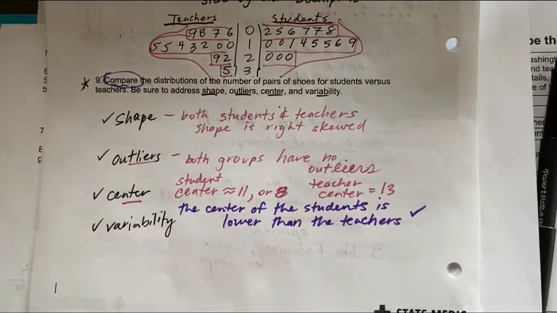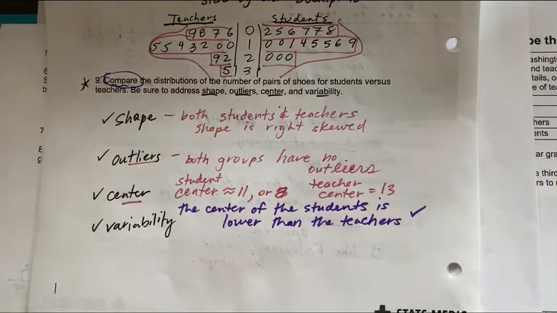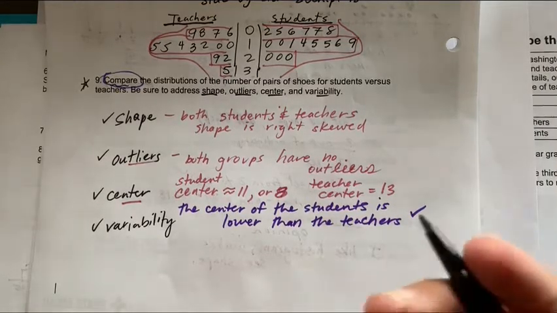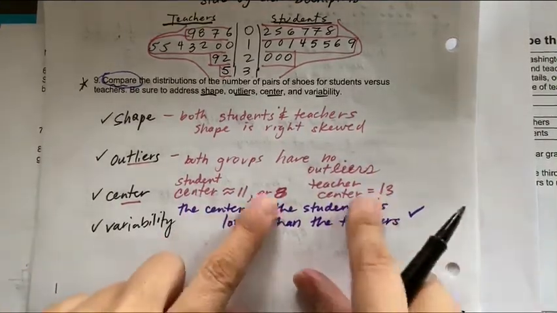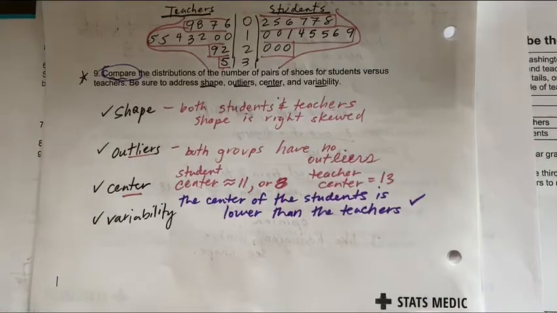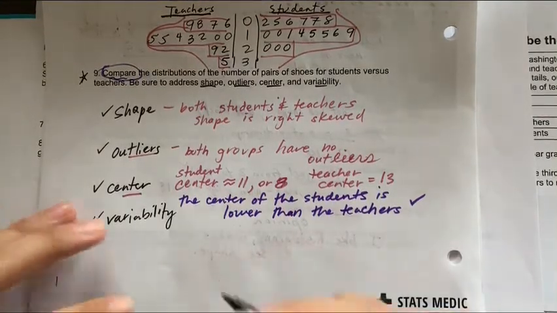Now let's talk about the variability. That's going to be the spread-outedness. There are a lot of ways we can measure variability, but one way we said is just the range. Again, I can list out the numbers, or I can just go straight to the answer. Which one is more variable than the other?